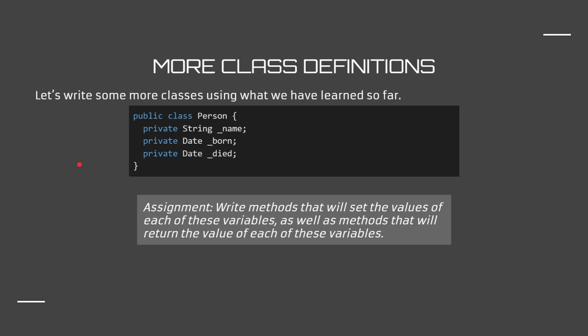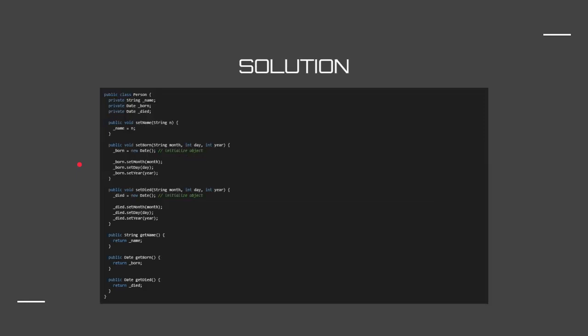So pause the video, try your best to do this, and once you have a solution or are completely stuck, play the video again. Okay, so the solution is here, but I'm going to go into the code and type it out, of course, in just a sec.